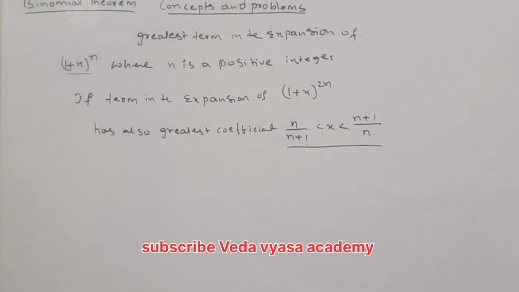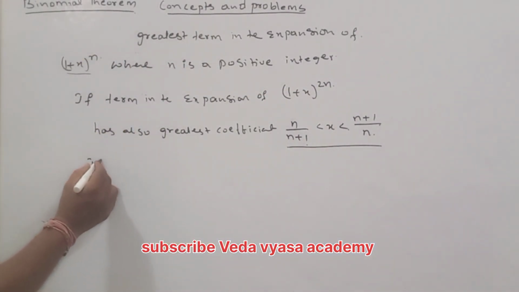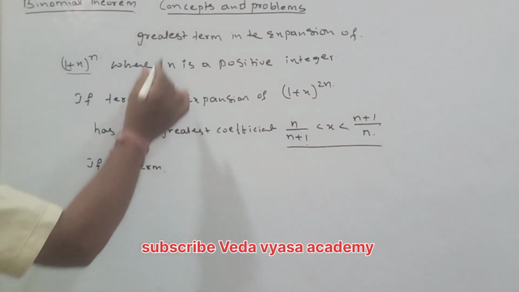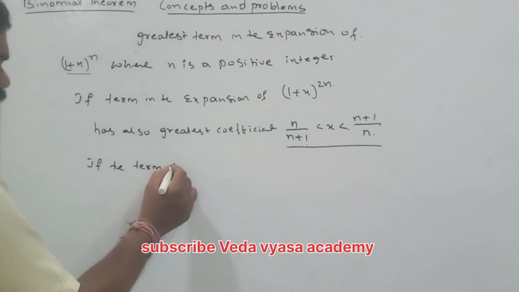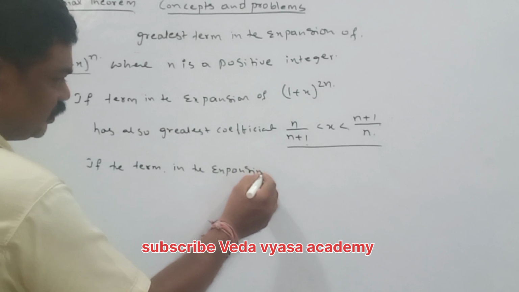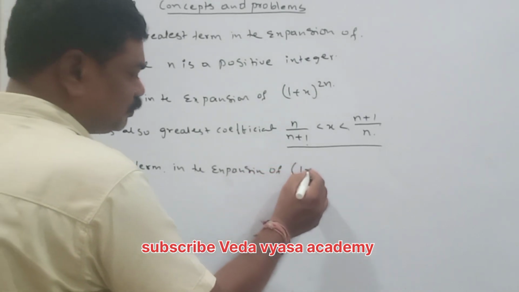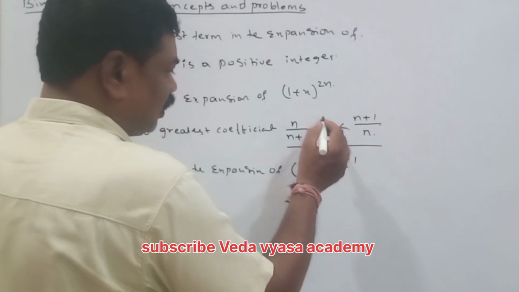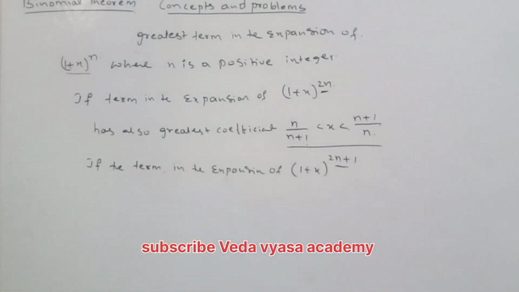Suppose the term is the greatest term in the expansion of (1 plus x) whole power 2n plus 1. This is the odd number, this is the even number. You observe there, that is greatest term in the expansion, greatest coefficient.